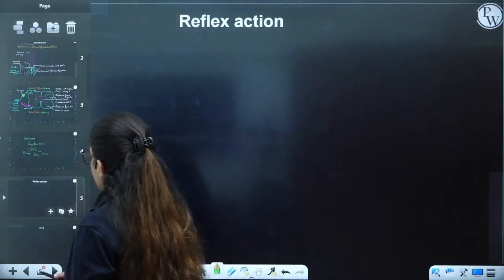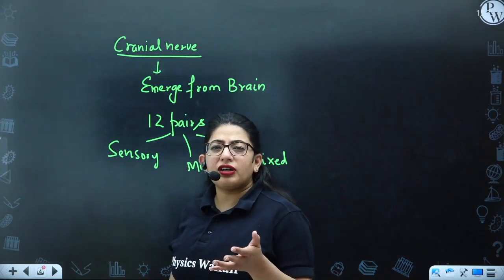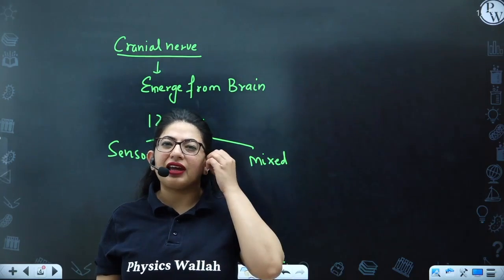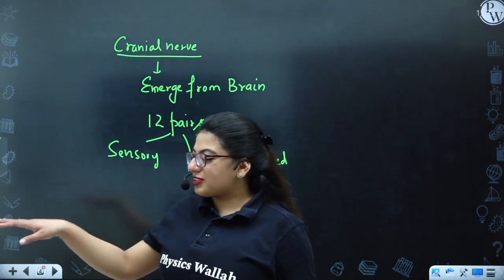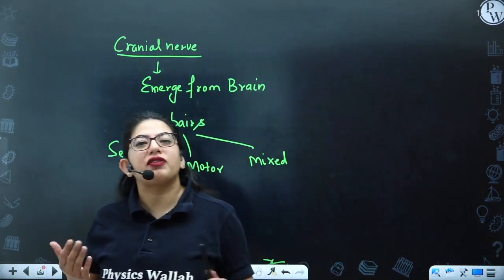Okay, now let's talk about reflex action. First of all, what is a reflex action? In your lower classes, you must have heard of the hot plate example, in which when a person touches a hot plate, the arm itself gets pulled back. This is a kind of reflex action.